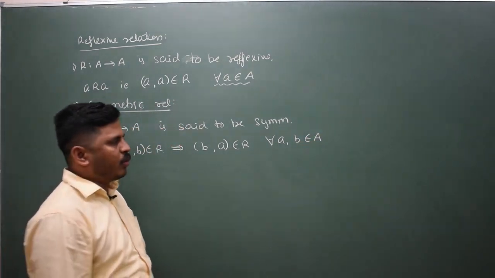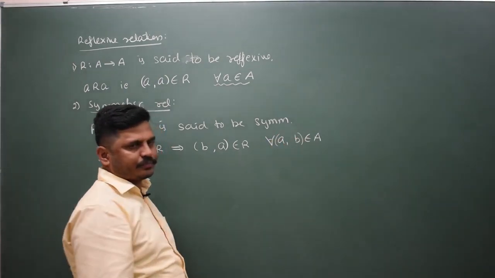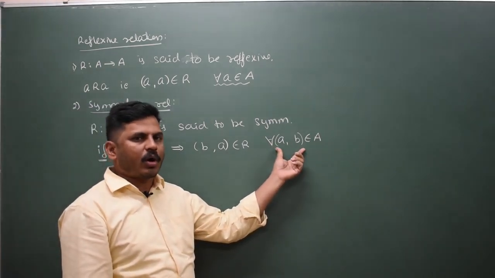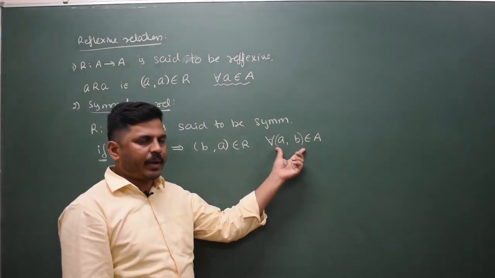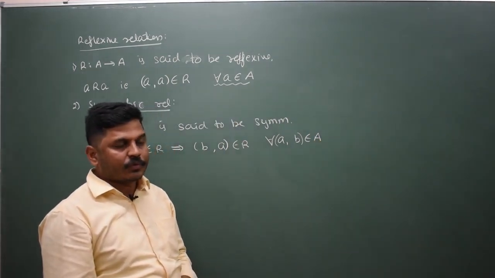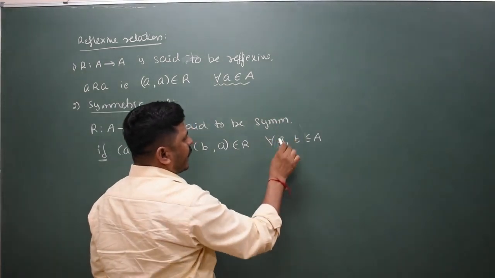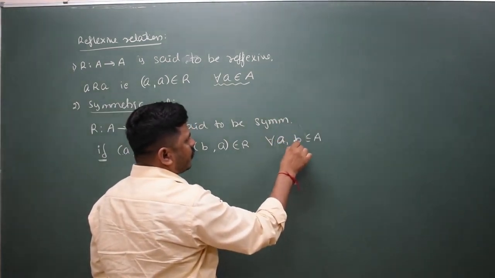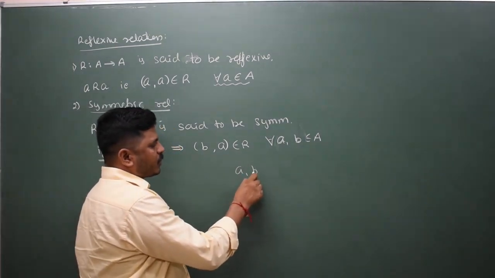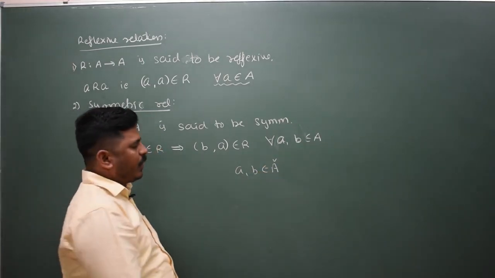Many students make this mistake: they put brackets, A comma B belongs to A. If you put the bracket, this becomes an ordered pair. An ordered pair is not in the set, it is in the relation. So don't get confused. While writing, you must know where to put brackets and where not to. If I write A comma B belongs to A, then A is a set. If I write the bracketed (A, B) belongs to R, then R is a relation. So you lose marks exactly there.